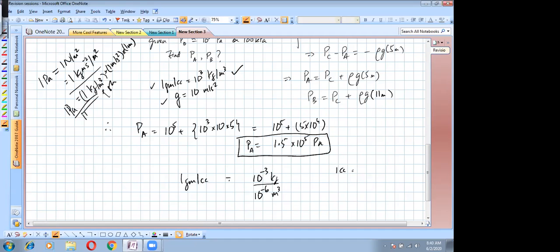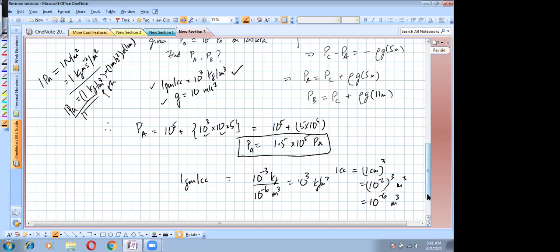So 1 cc is 1 centimeter cube, that is 10 raised power minus 2 meter whole cube, that's 10 raised power minus 6 meter cube. So hence this conversion factor. Okay, so rho g h becomes this.